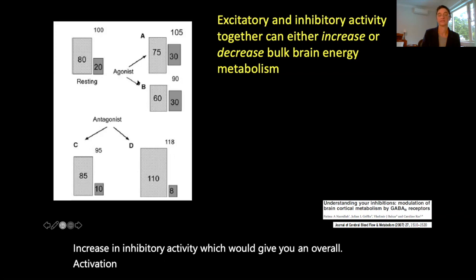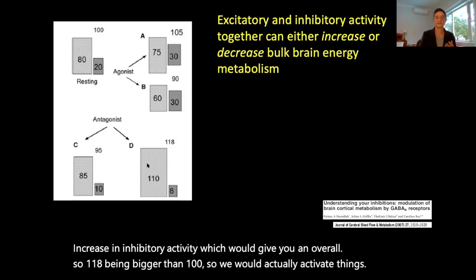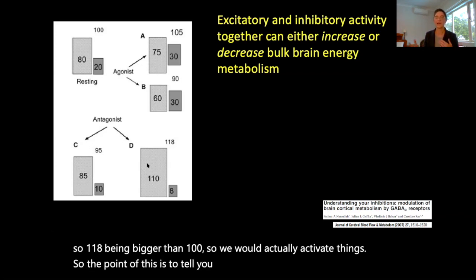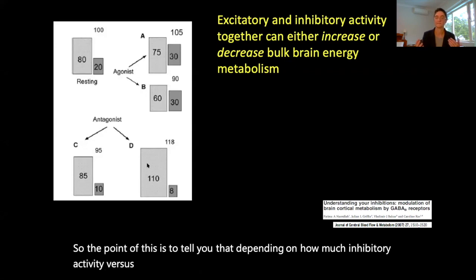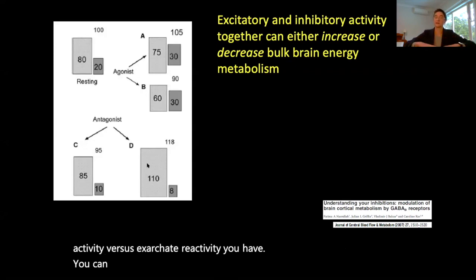So 118 being bigger than 100, we would actually activate things. So the point of this is to tell you that depending on how much inhibitory activity versus excitatory activity you have, you can change brain activity either down or up. So it's all completely context dependent.